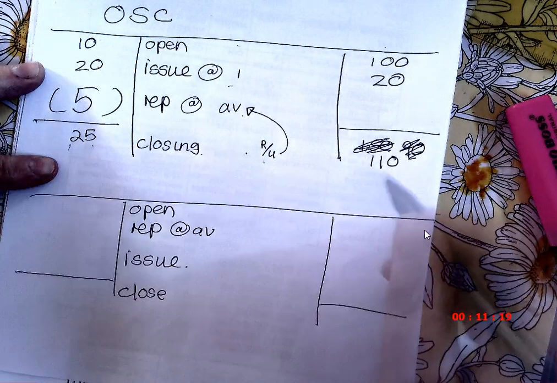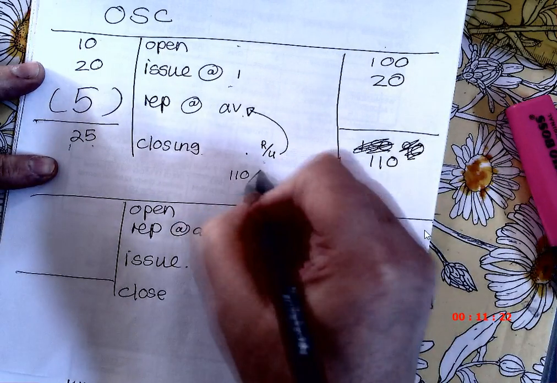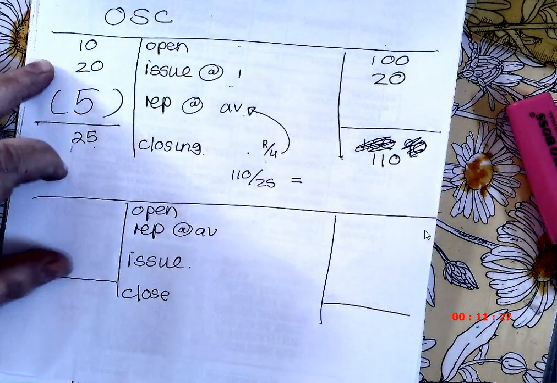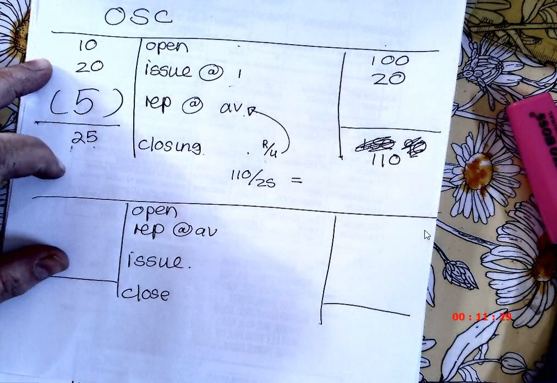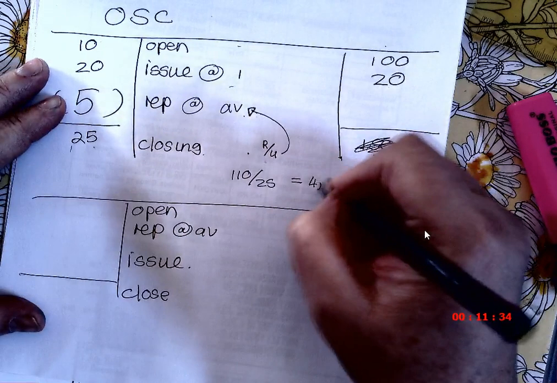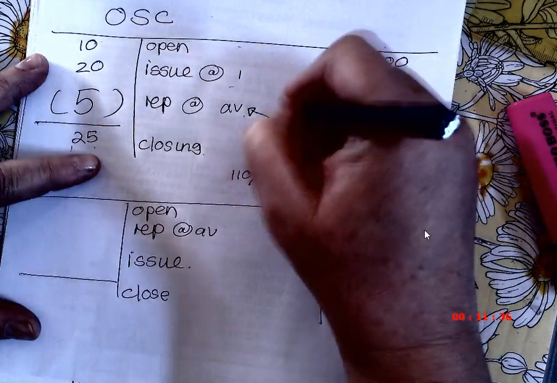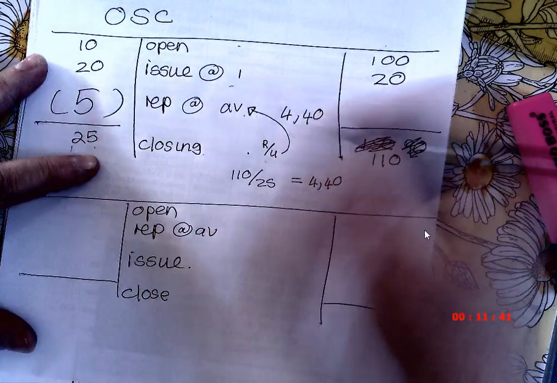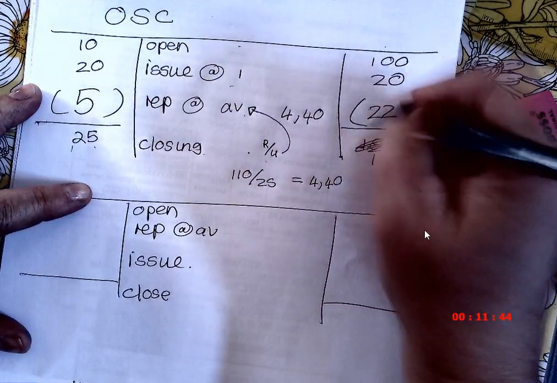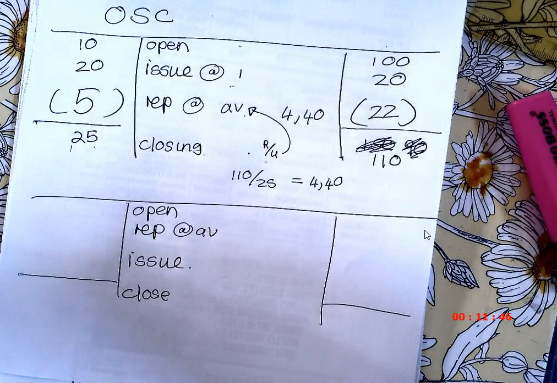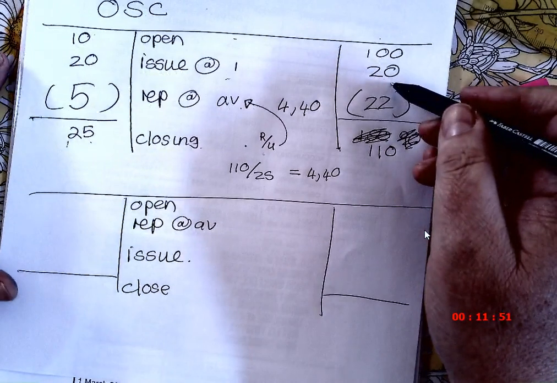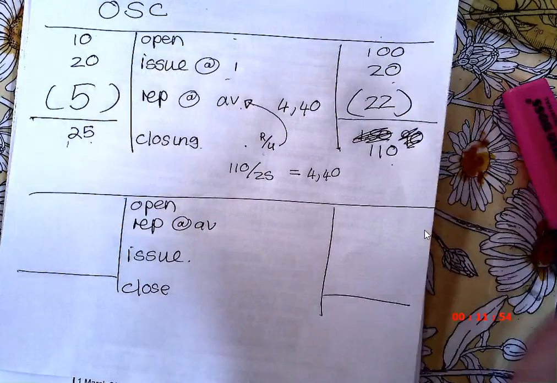Right? Now I say 110 divided by 25 gives me an average of 4.40. So repurchase at 4.40 times 5 gives me 22, right? And this thing doesn't work out. 100 plus 20 is 120, it gives me 98. Whatever.